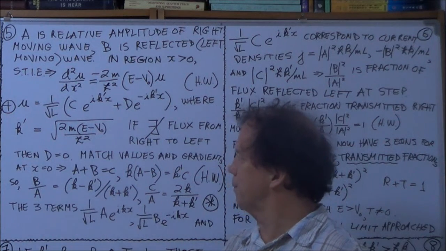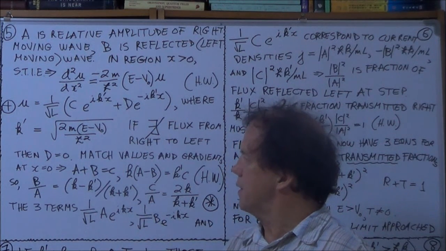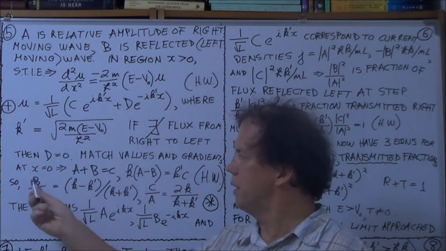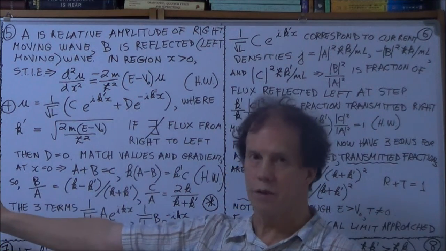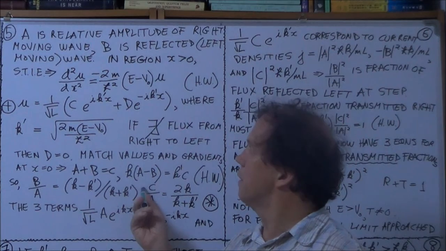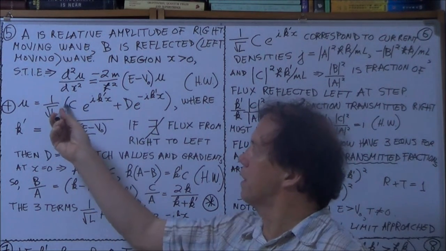So A is the amplitude coming from the left, B is the amplitude going back to the left, in other words the bouncing part, and C is the part that gets transmitted.